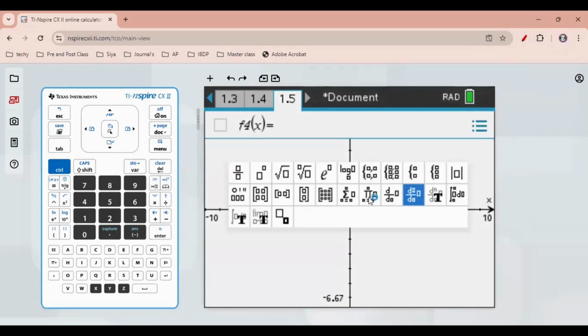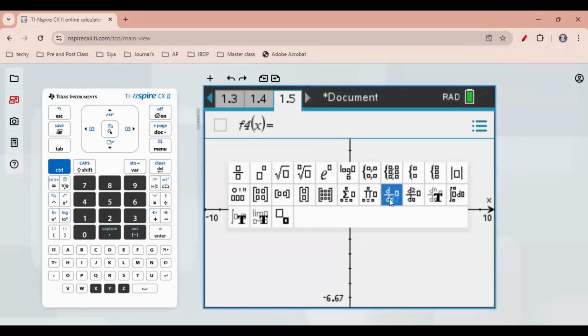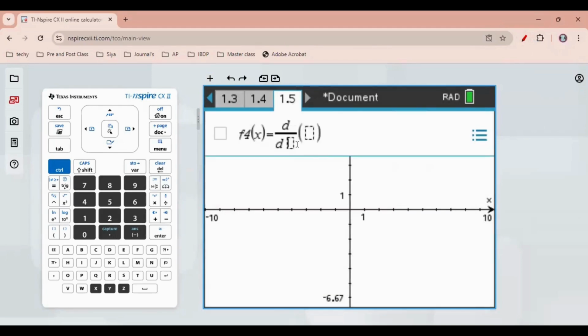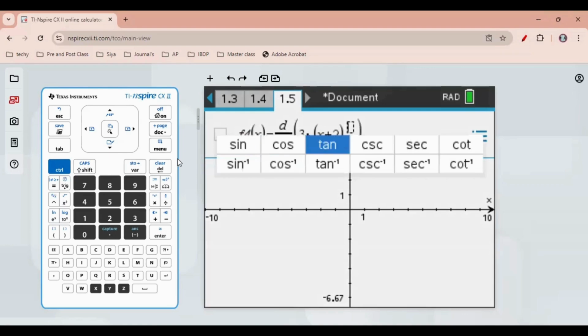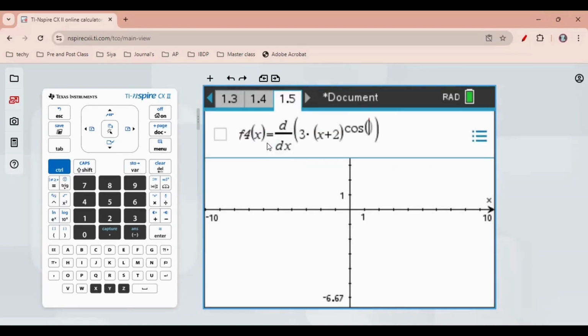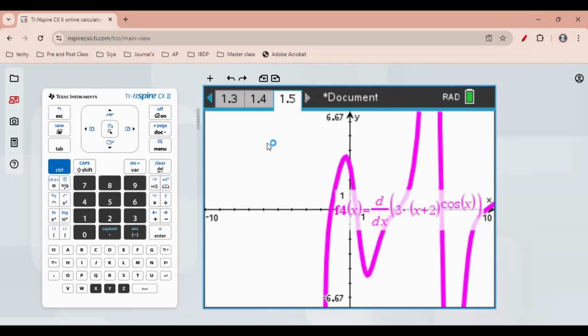So let's quickly do that. d by dx of the displacement, which is 3x plus 2 raised to the power cos x. This is V of x.